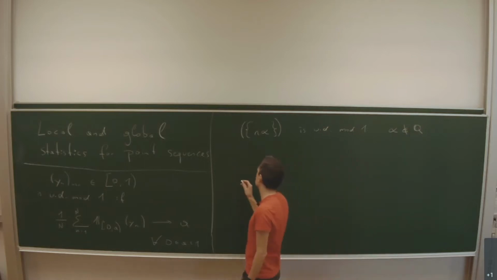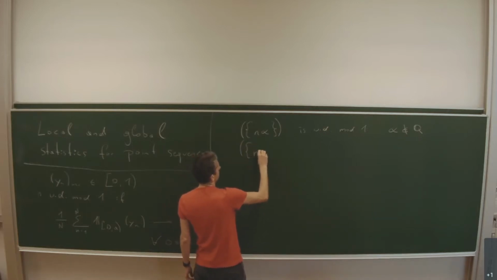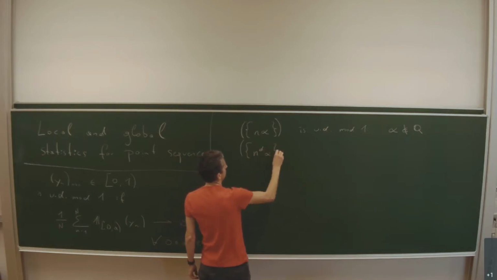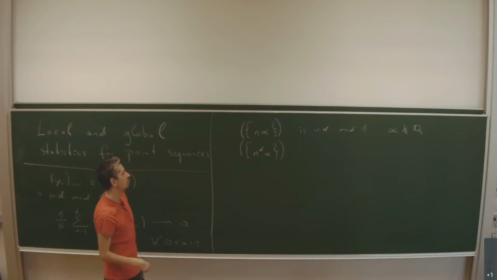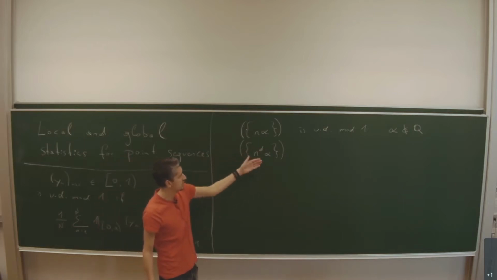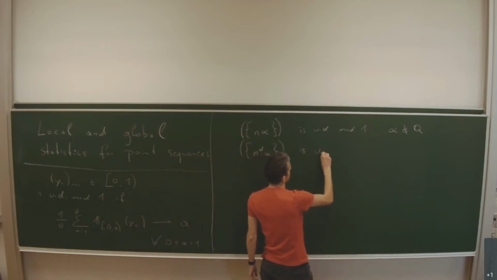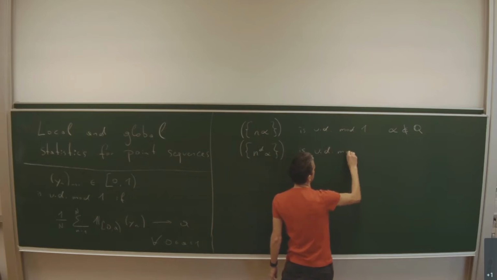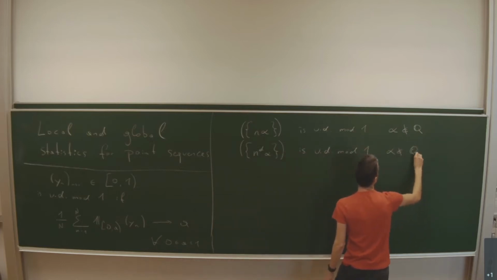And the fundamental theorem of Weyl says that this is also true if you take higher powers of n. So if you have n to the d alpha for some positive integer d, or in general some polynomial at positive integers multiplied with alpha, if you take fractional parts of this, this is also uniformly distributed mod 1 whenever alpha is irrational.